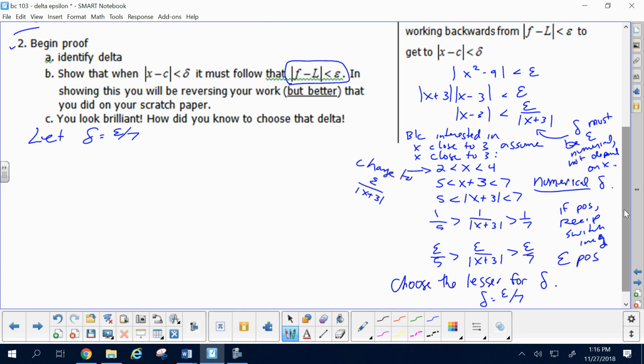Start with the thesis of your proof. You're going to show that if x is within delta of 3, or the difference between x and 3 is within that delta, then it must follow that the y values, or f values, will be arbitrarily close to the limit.